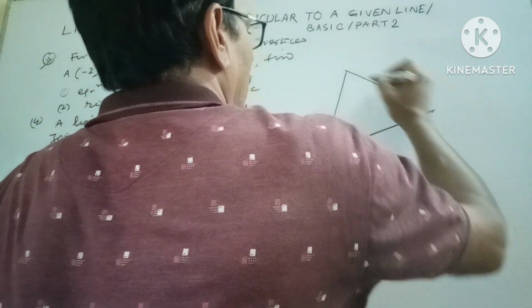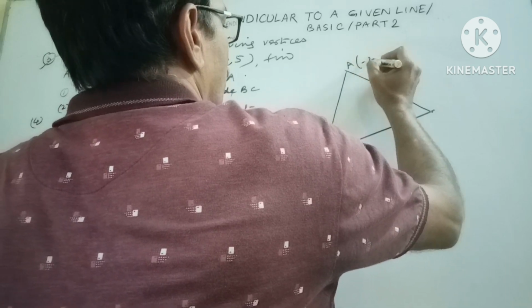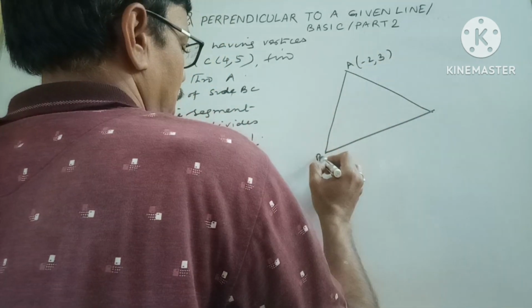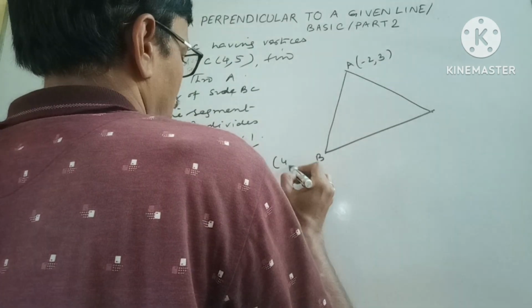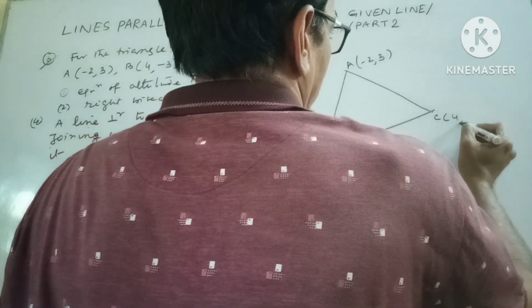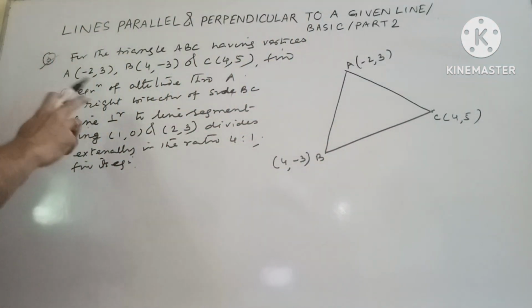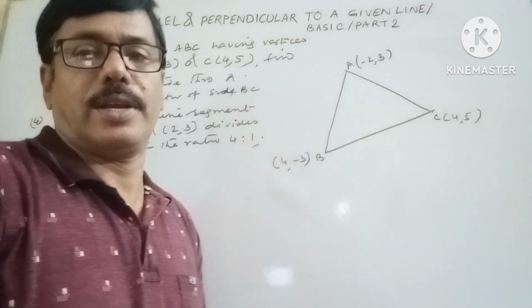So we are taking rough states. A (-2, 3), B (4, -3), C (4, 5). So they are the vertices. Find the equation of the altitude through A.